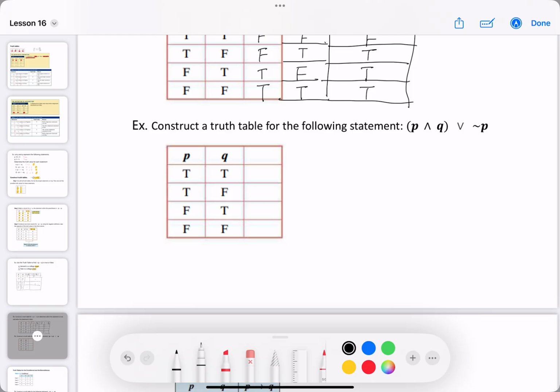In the third column, I'm going to find P and Q. True and true, true. True and false, false. False and true, false. False and false, false. And next step, I'm going to find not P.